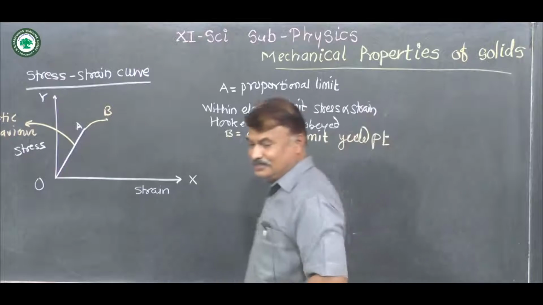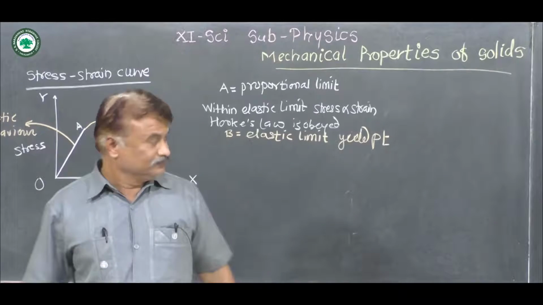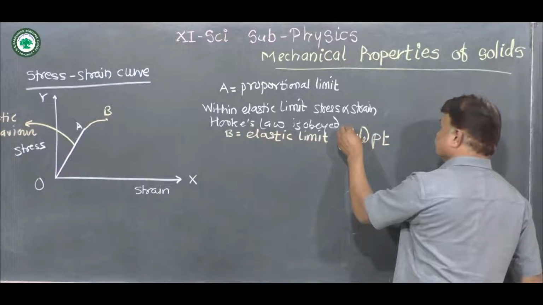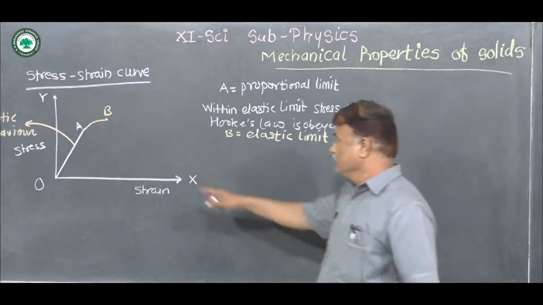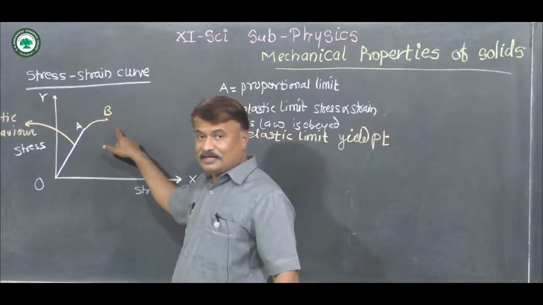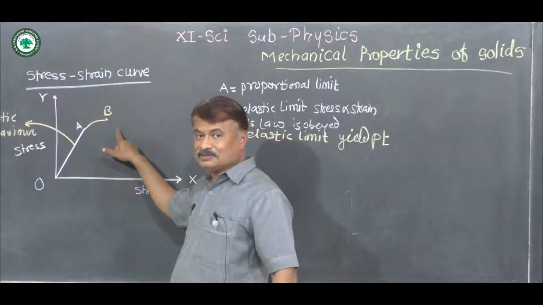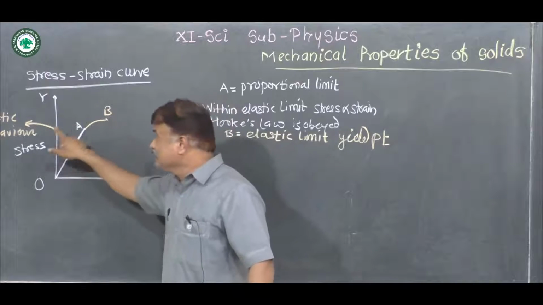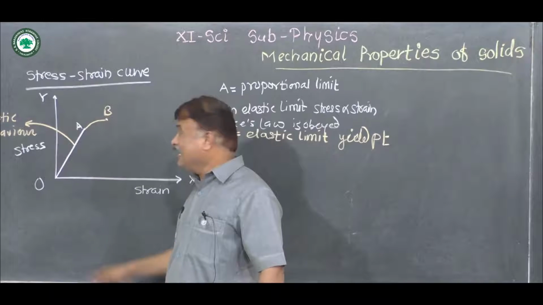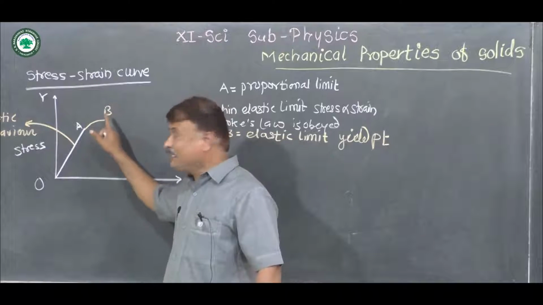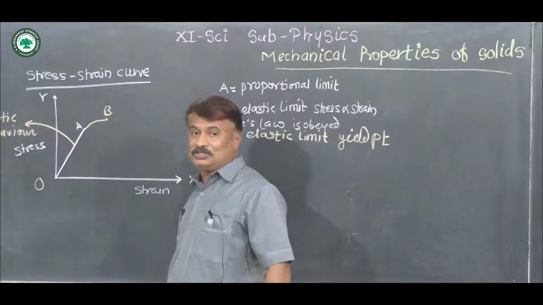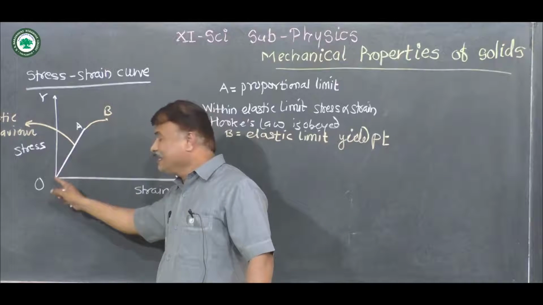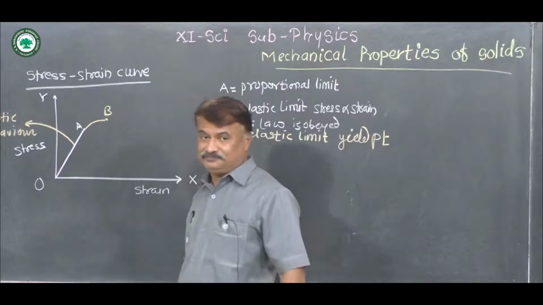It is also called as yield point. So again, remember that nature of graph is curve, but there is elastic behavior, and that's why within elastic limit stress is directly proportional to strain. If we decrease the load, then wire again regains its original dimension.